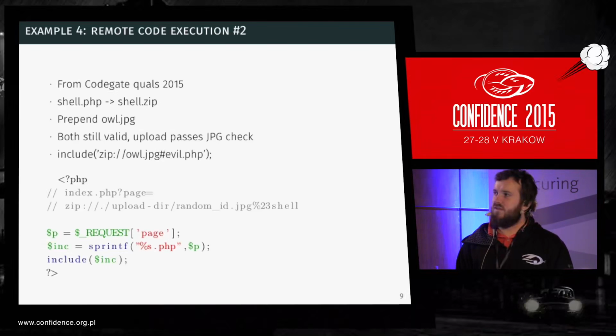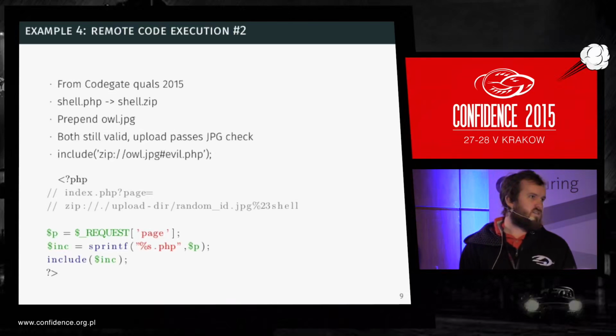So when we upload this, it passes the JPEG validation check because it is a valid JPEG image. Then we could go back to this index page and provide this URL, which says that we want to open the zip file in the upload directory, which we had extracted from the source code we got earlier. And this was the random ID we had.